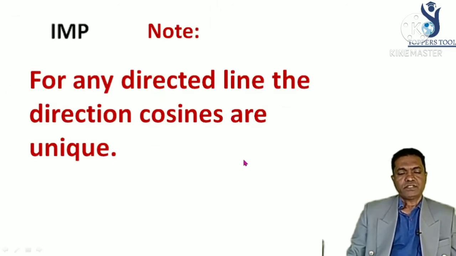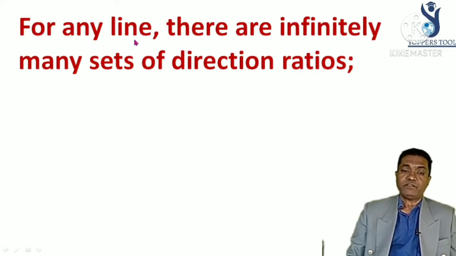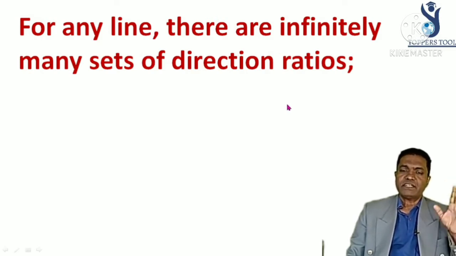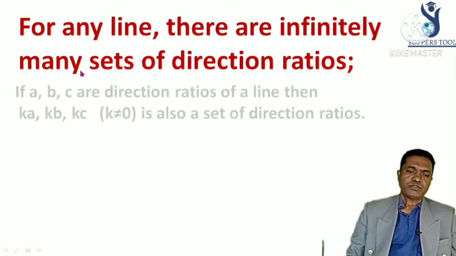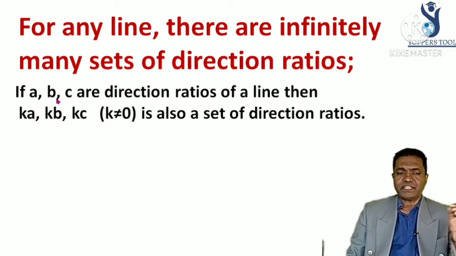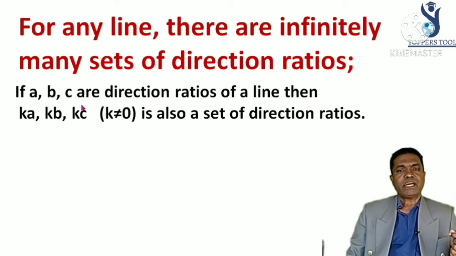One important thing: for any directed line, the direction cosines are unique, as I explained earlier, and for any line there are infinitely many sets of direction ratios. If a, b, c are direction ratios, then multiplying this set by any fixed constant k, so ka, kb, kc, is also a set of direction ratios.